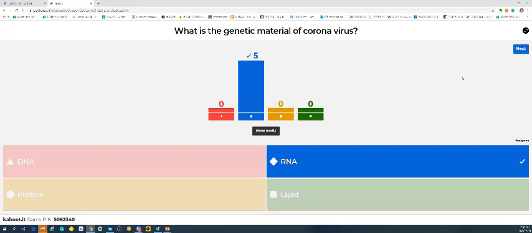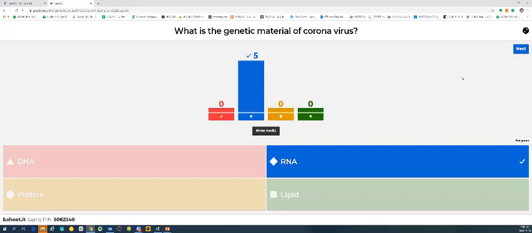Some of them have a lipid membrane, some of them don't. So the common essential part is not DNA, not RNA, not lipid. Protein should be there all the time. So there is the answer for problem 1. Coronavirus has a protein coat, and inside there are RNAs, not DNAs, as genetic information.